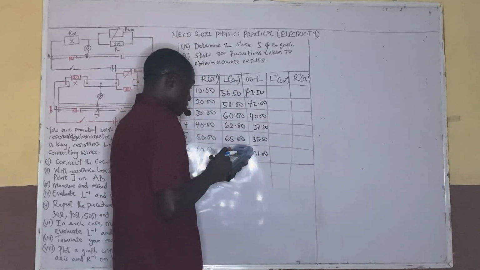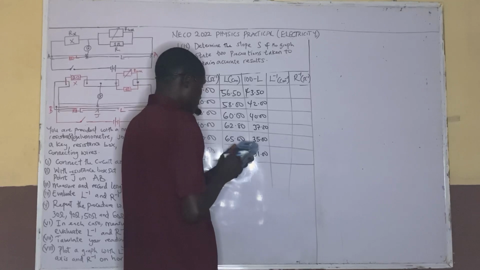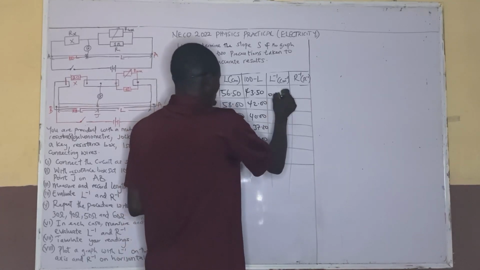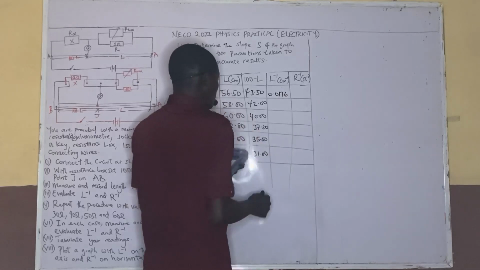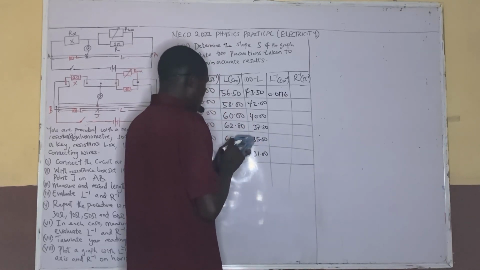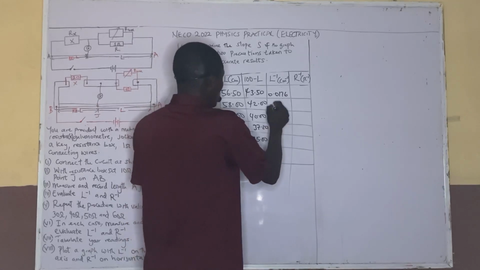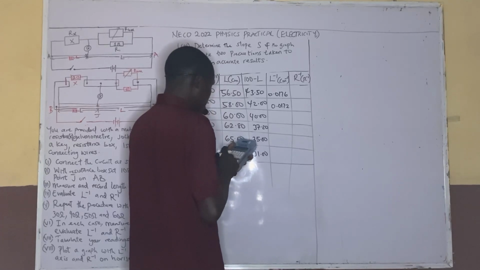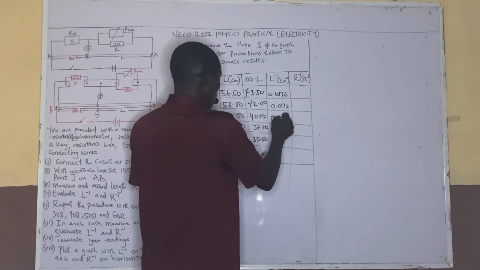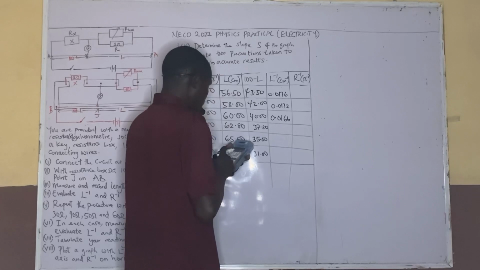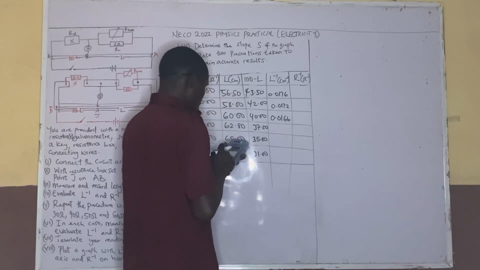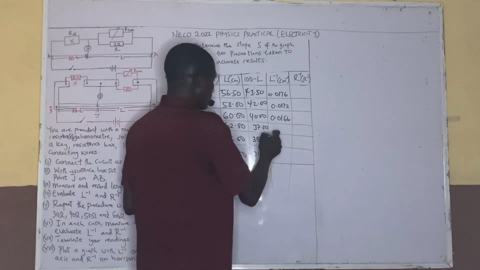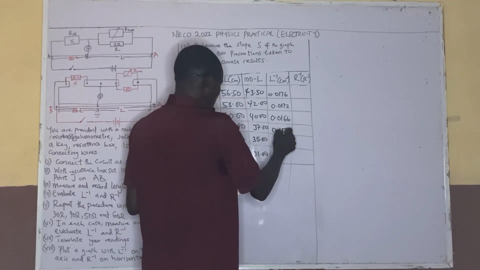L inverse. 1 divided by 56.50, we have 0.0176 to 4 decimal places. So 1 divided by 58, 0.0172. 1 divided by 60, 0.0166 to 4 decimal places. 1 divided by 62.8, 0.0159.